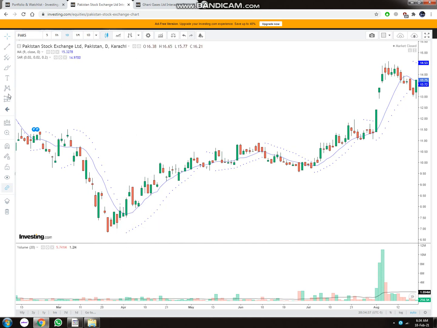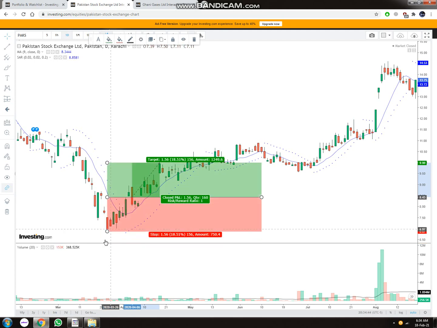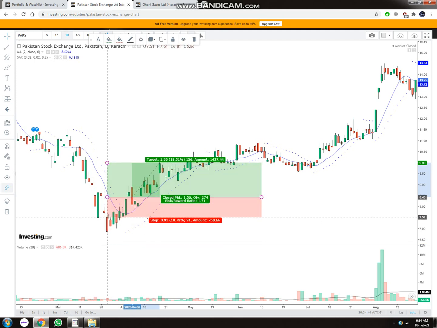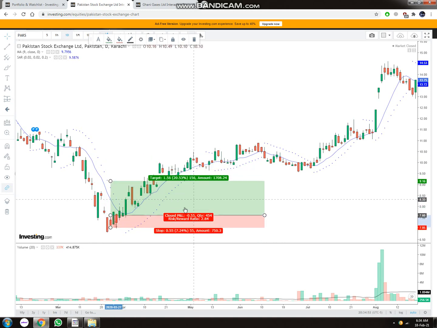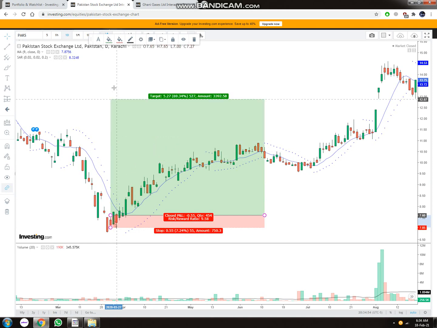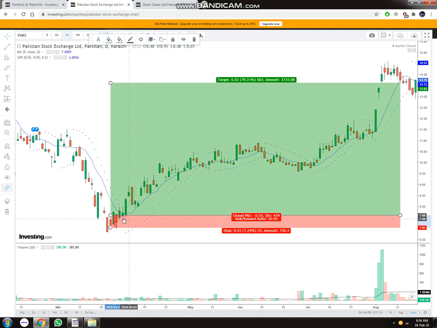Let's say you have entered at this level, this is your risk, this is your stop loss, and this is your take profit, how much you want to drag.